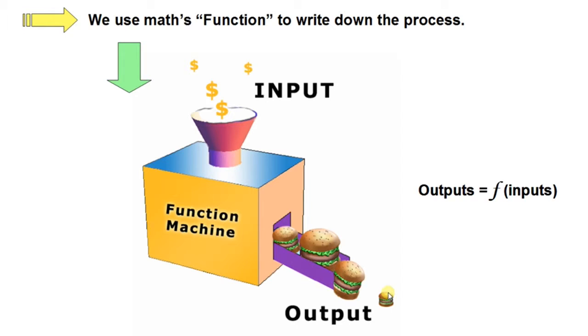So in mathematics, we can represent this process in a function f. It accepts input data, and the output will be the result of this function. So we have an input here and an output here.